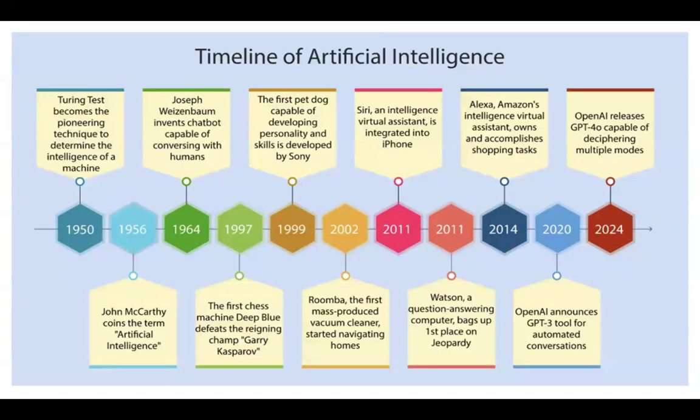So here you can see the history of AI: when AI came into the picture and what the status is now. First, Alan Turing, a scientist, conducted the Turing test.